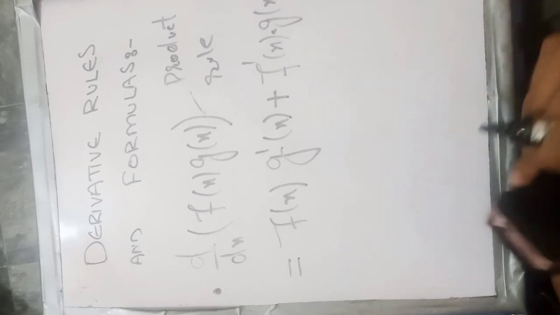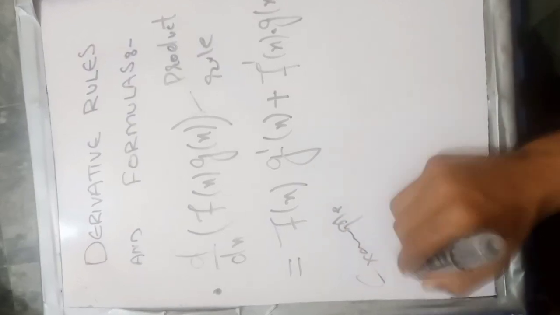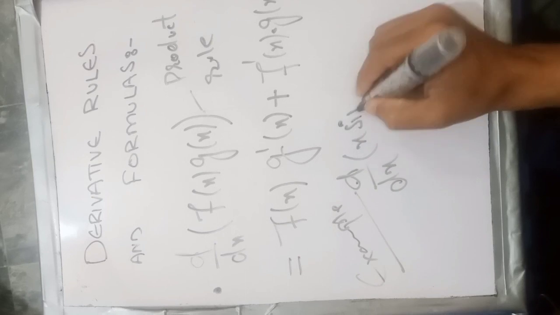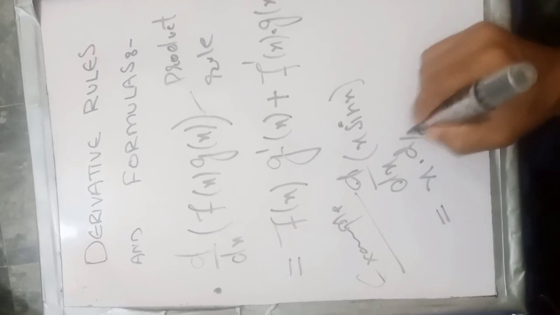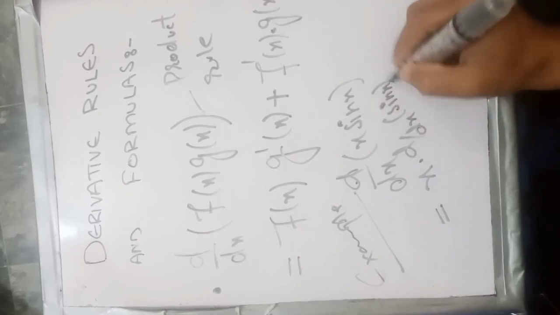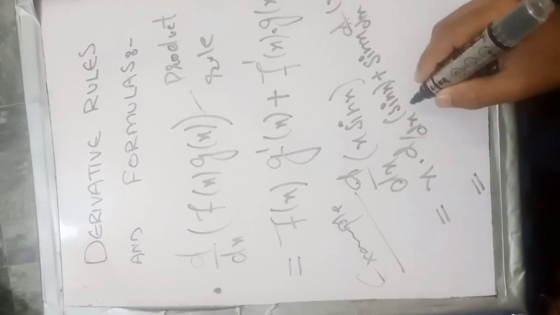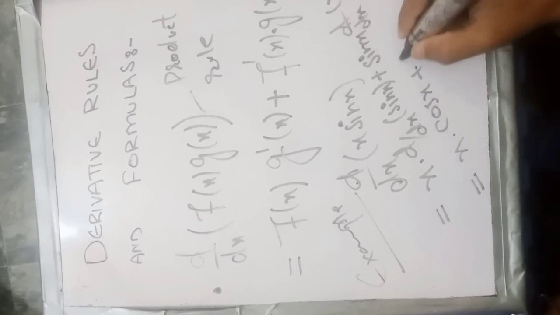We can explain it in examples. There are two functions, say x and sine x: first function as it is, derivative of the second function, plus second function as it is, derivative of the first function. As we know the derivative rules, x as it is, derivative of sine is equal to cos x, plus sine x as it is, derivative of x is equal to 1. So that is the answer.